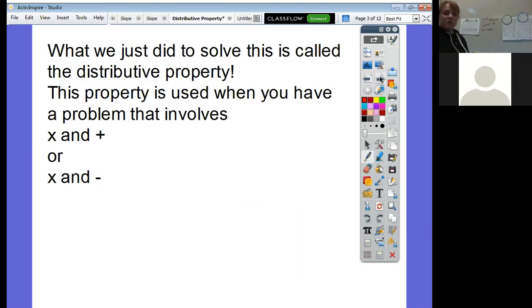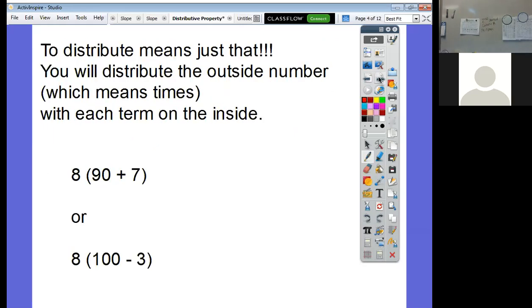All right, so that's when we use the distributive property, when we get problems to solve that involve two operations. Okay, all right, so to distribute, it means just like that, to distribute.